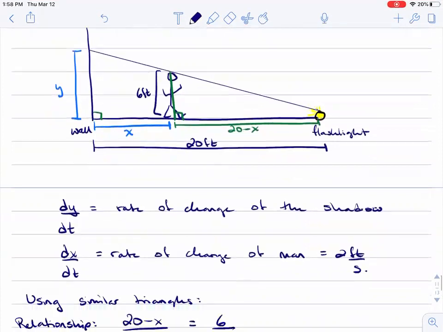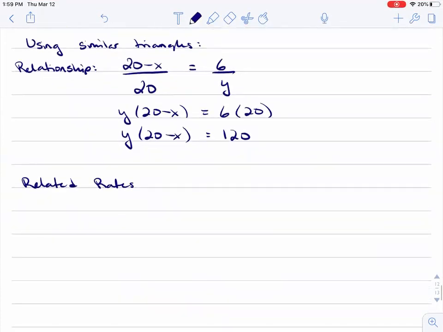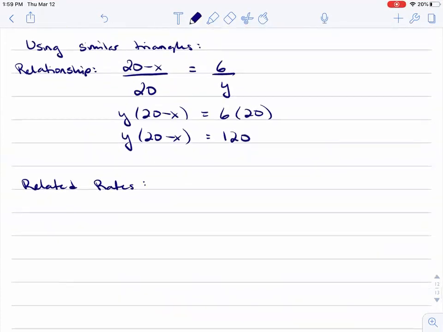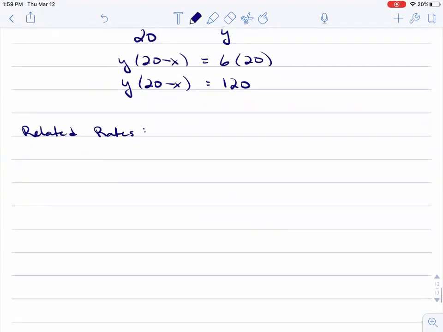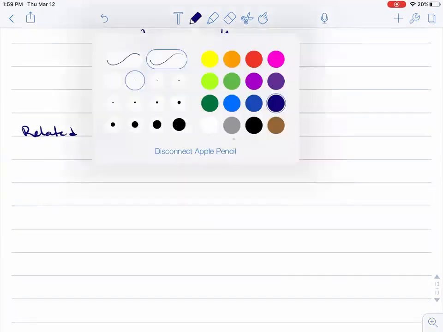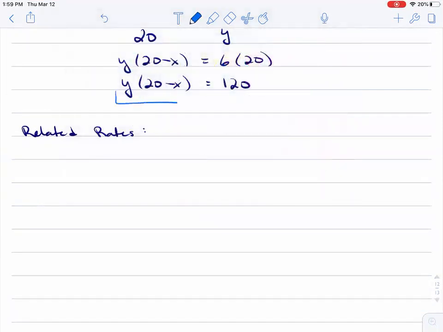Now I remember. Okay. So now we have to find the related rates, which means I need to find the derivative of this thing. And so I'm going to have a product rule here. I need to break that thing up.